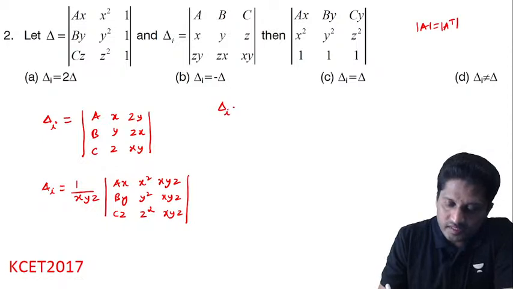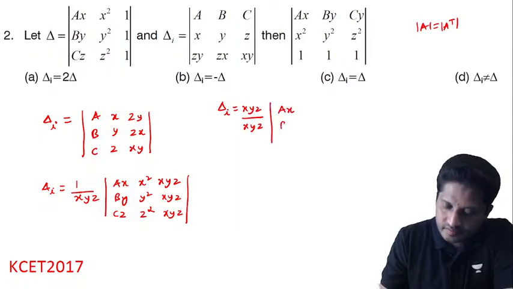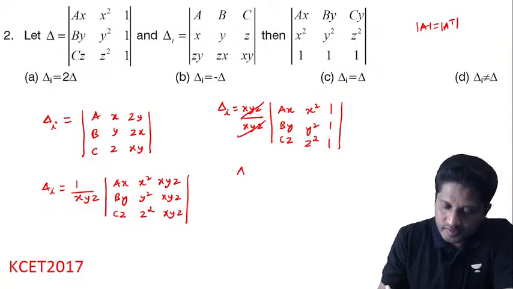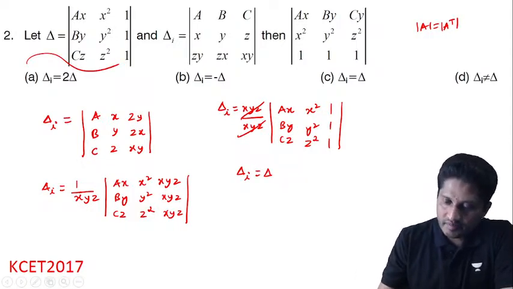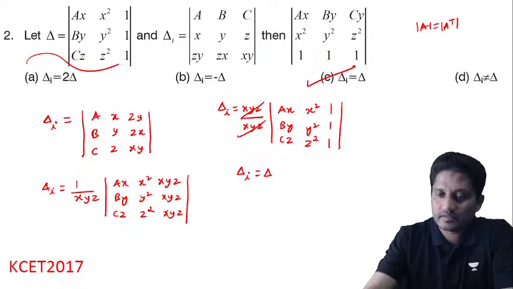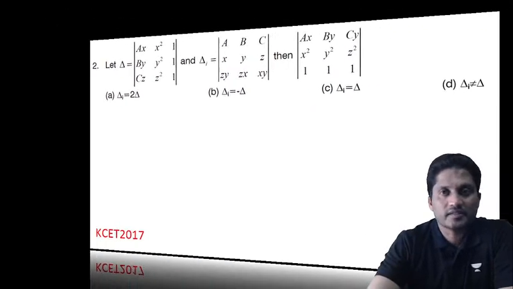So delta I is equal to XYZ upon XYZ times the determinant of AX, BY, CZ, X square, Y square, Z square, and 1, 1, 1. This will cancel, which means delta I is the same as delta. The answer is option C. Let's move to the next question.